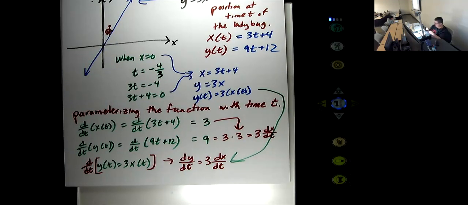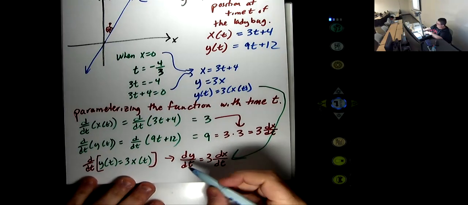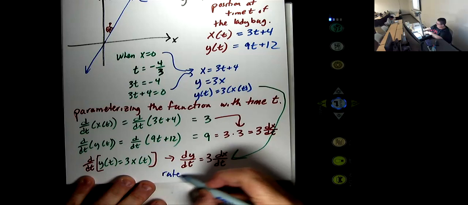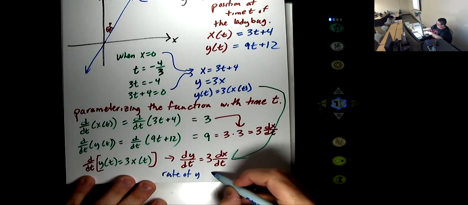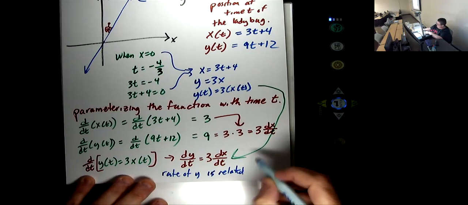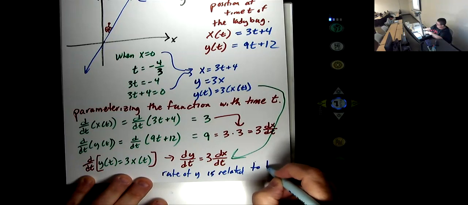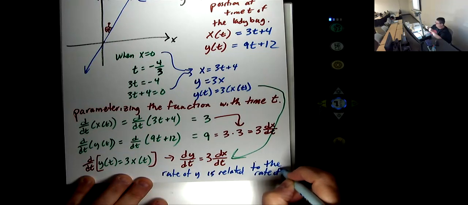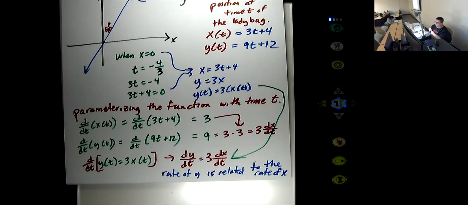So I can see it from there. The rate of y is related to the rate of x. That's what this section's on, related rates.